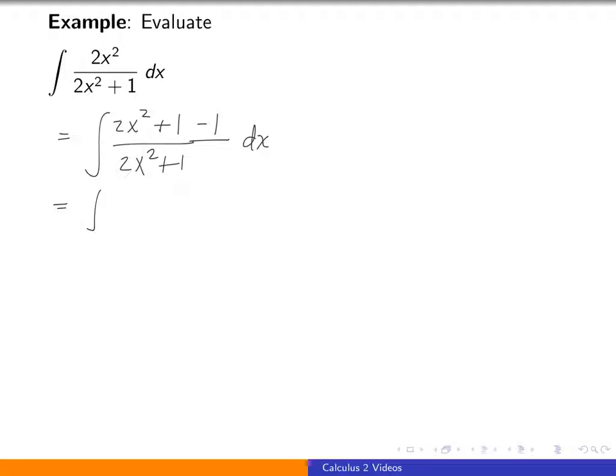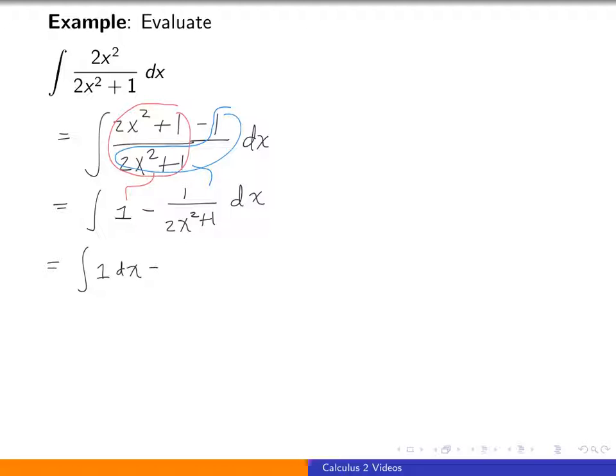We have 2x squared plus 1 over 2x squared plus 1, which becomes a 1, and then we are subtracting away 1 over 2x squared plus 1. This becomes much more reasonable. We can break it up into two separate integrals: the antiderivative of 1 minus the antiderivative of 1 over 2x squared plus 1 dx. The first antiderivative is simply x.